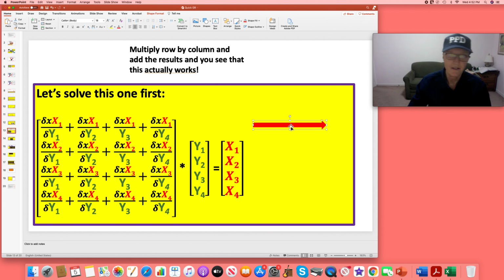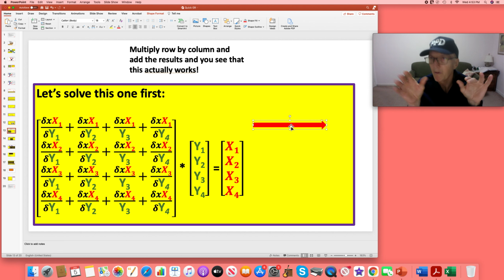So you've created the column vector in x, which is what we wanted. Okay, so that produces the column vector that we're looking for.